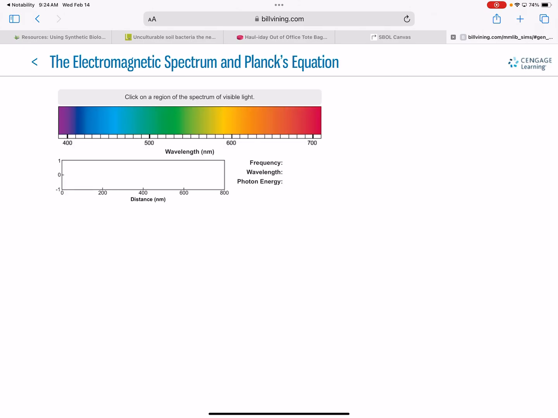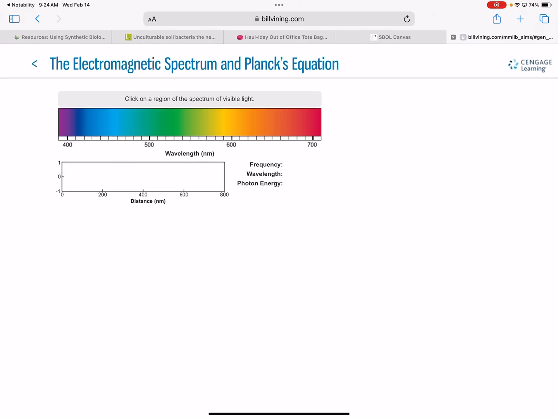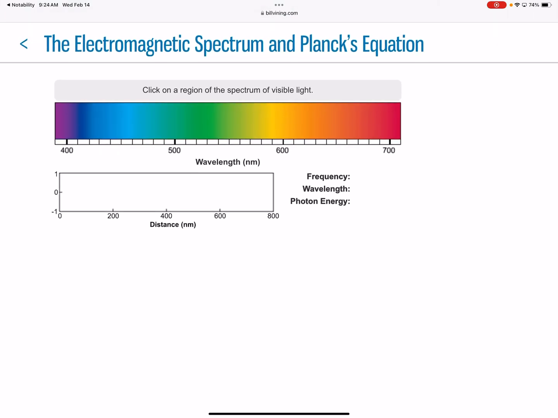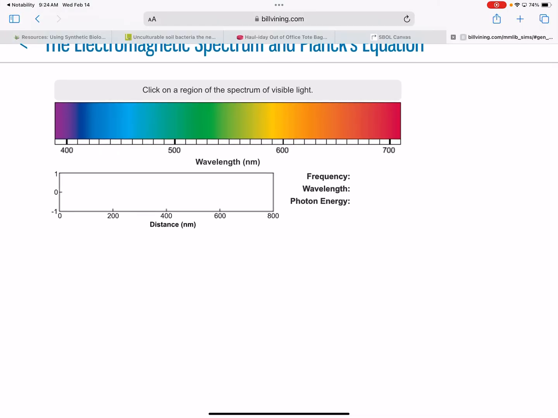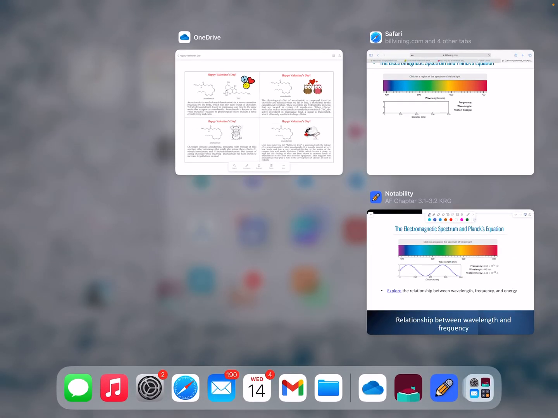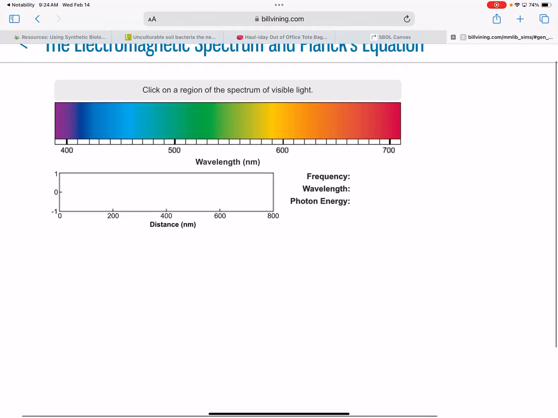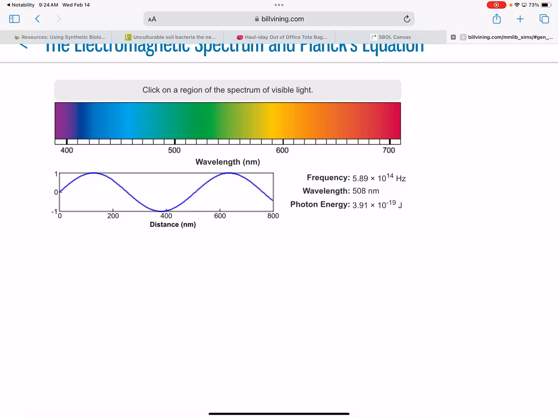All right. So if we look at the electromagnetic spectrum, it ranges beyond what we can see in the visible. And this is showing you just the region of visible light. If I click on one region, I clicked on 508 nanometers.